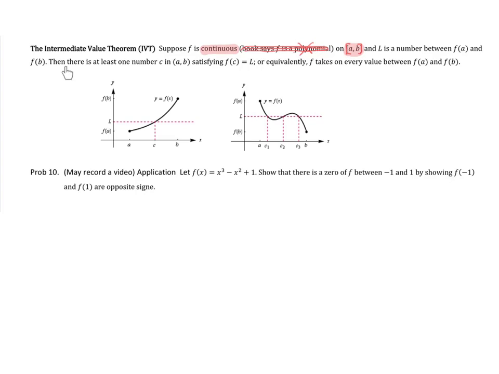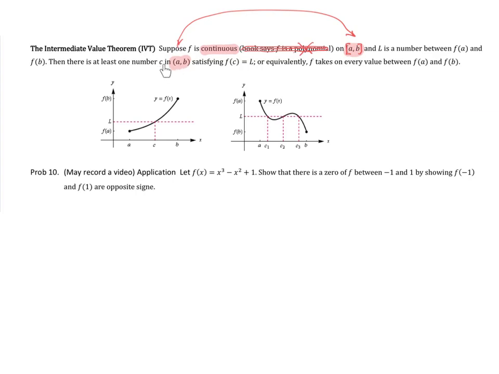And then the conclusion says there is at least one number c in (a, b). Now we have to pay attention to this (a, b). If you compare this with the previous interval, the previous interval is a closed interval, and this interval is an open interval.